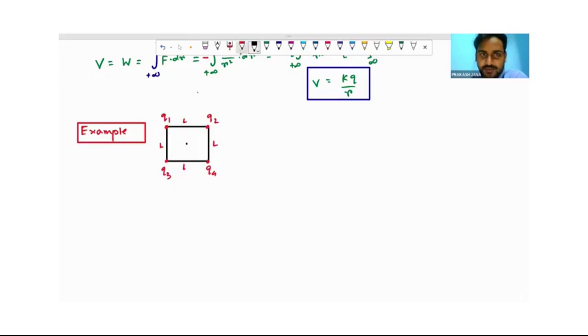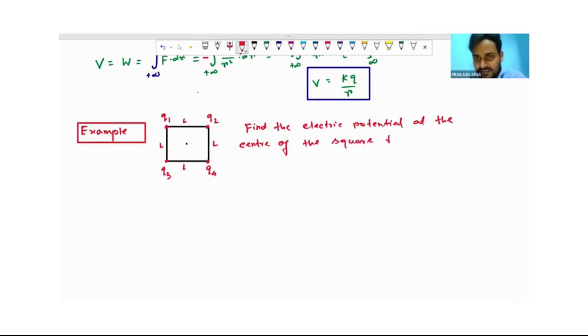The question is, find the electric potential, or potential only, at the center of the square due to the given charge distribution. Okay, so here we have to solve it.